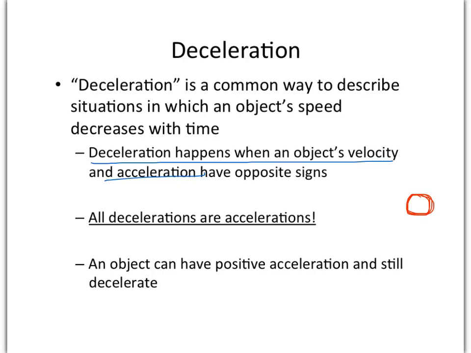Now, it's moving upwards, okay? So the velocity, we'll call that positive, okay? But is it going to keep moving up positively? I mean, it's got a positive velocity. Well, it's not going to keep moving up positively because something is acting against it.